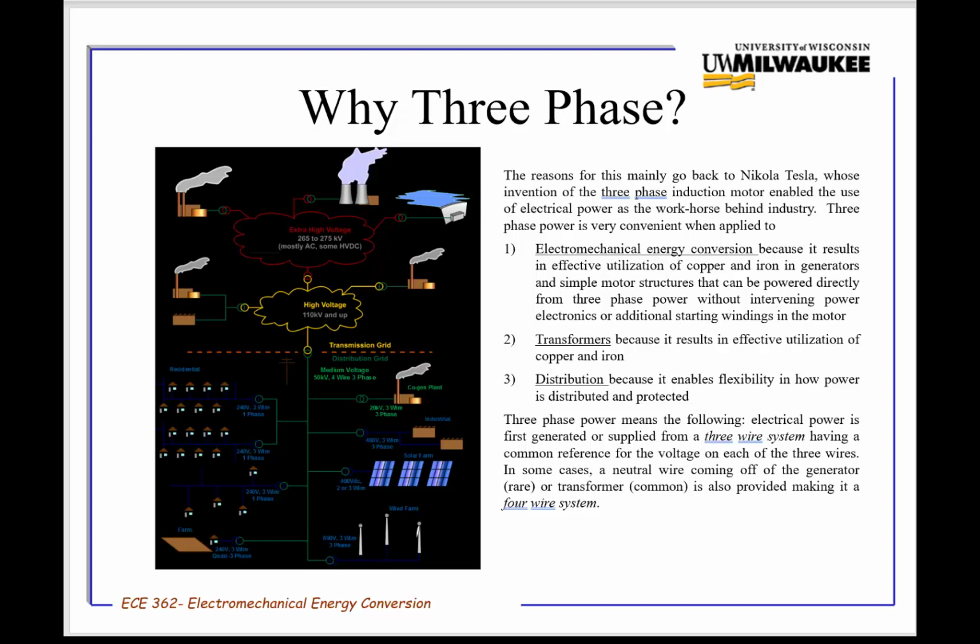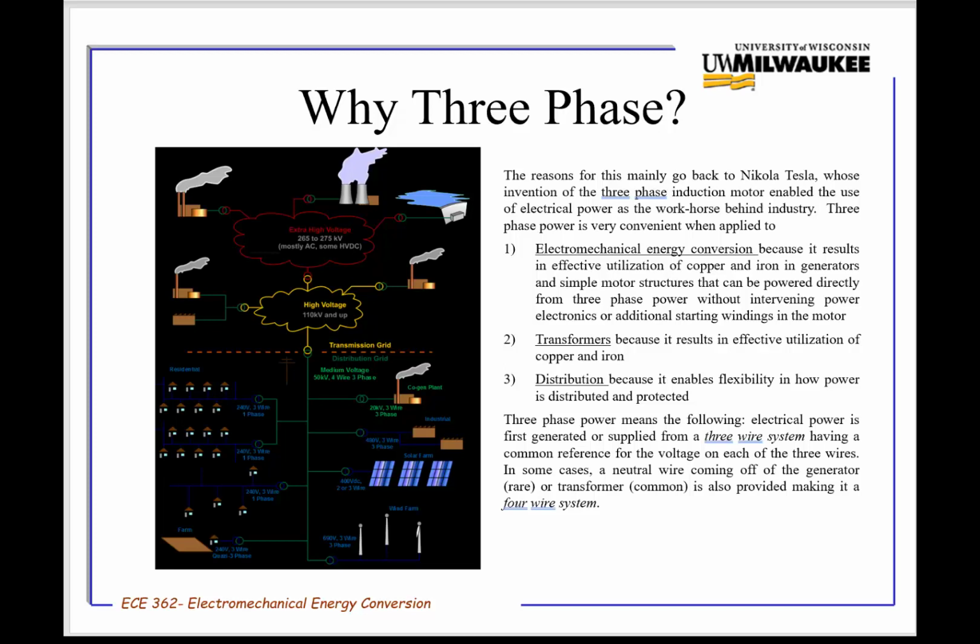In our world today, we have electronic circuits that can intervene and shape the power and make it do whatever we want it to do. Back in the days of Tesla and Edison, you had to do that shaping through a lot of mechanical, electrical, magnetic intervention, some of which you will learn about in this class.